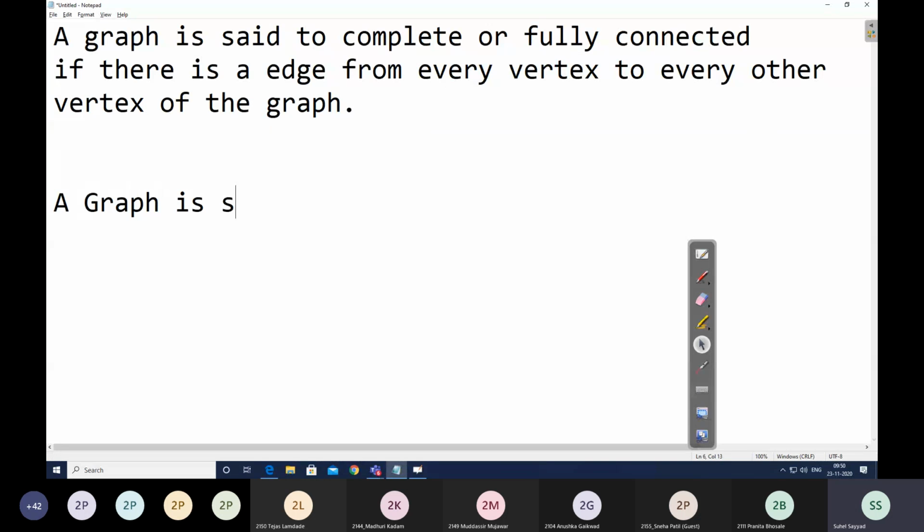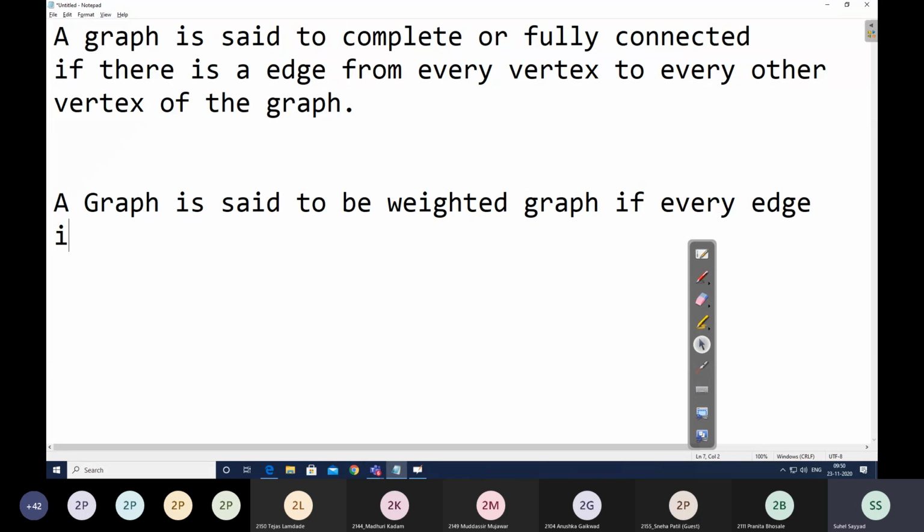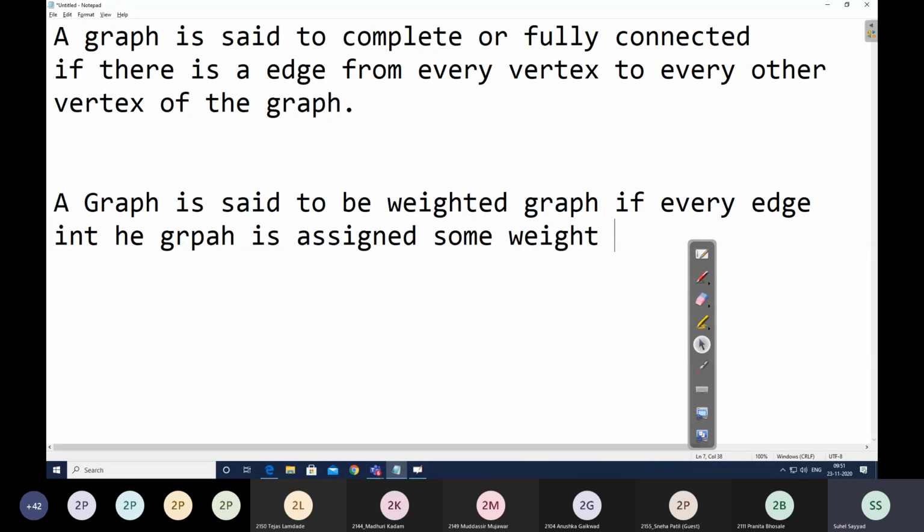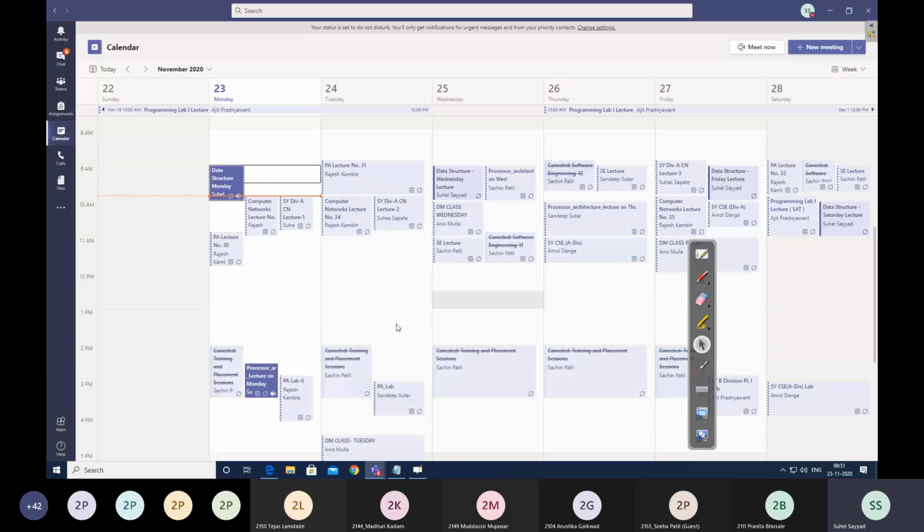A graph is said to be a weighted graph if every edge in the graph is assigned some weight value. This weight value would be a numeric value most of the time.